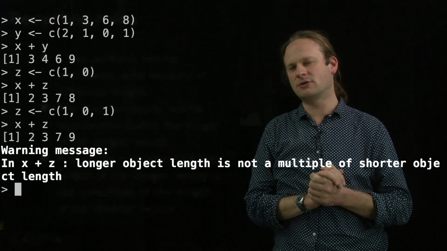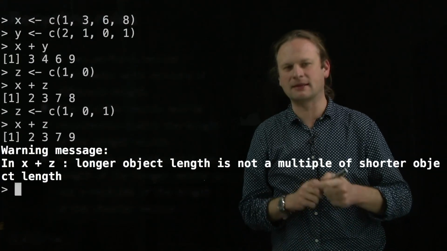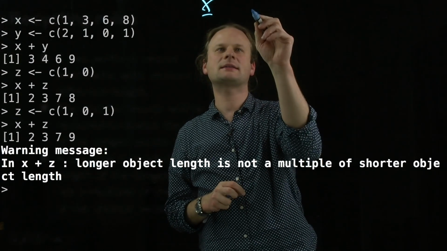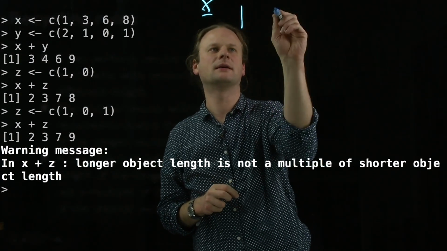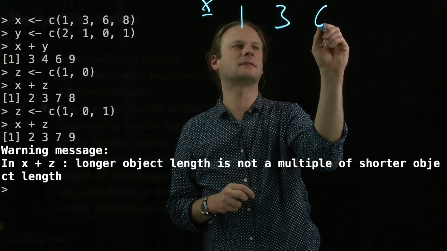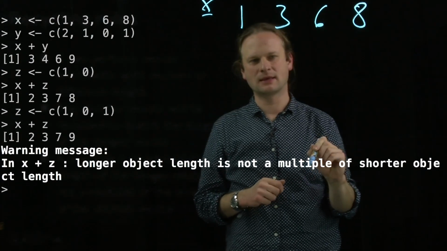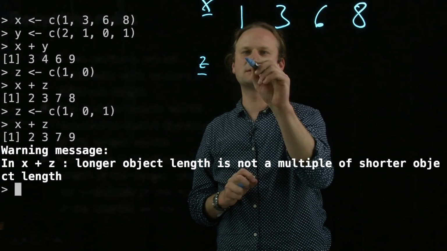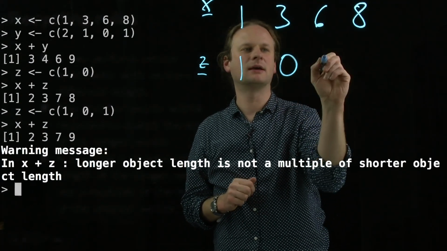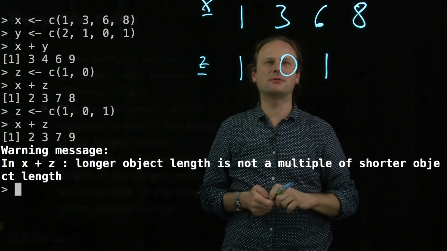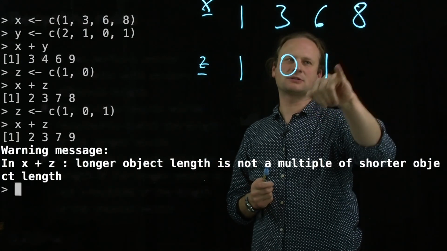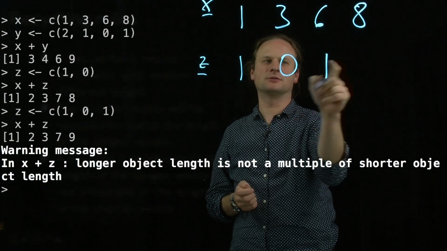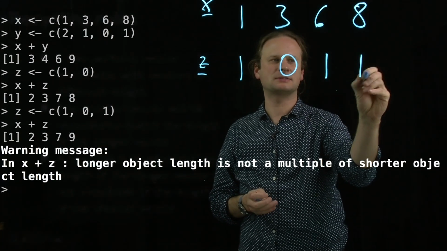So what is going wrong in this example? Let's look at it again. I first write down x again as before. X consists of the numbers 1, 3, 6 and 8. My vector z, however, now consists of the numbers 1, 0 and 1. Now, the vector z is too short, so R goes back to the recycling rules and repeats z.